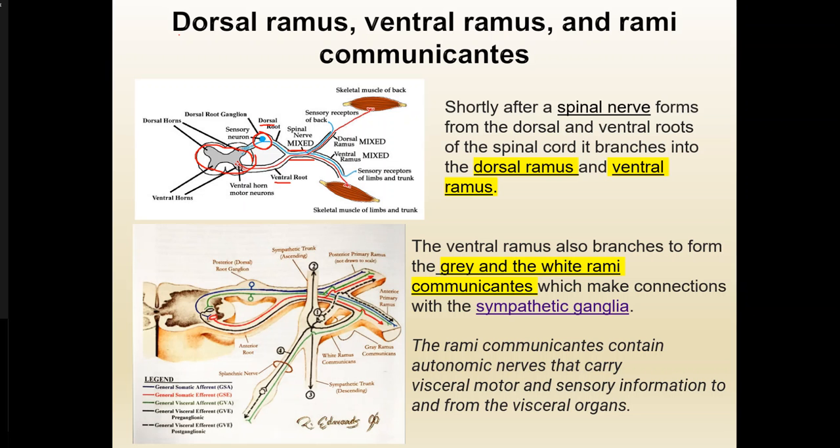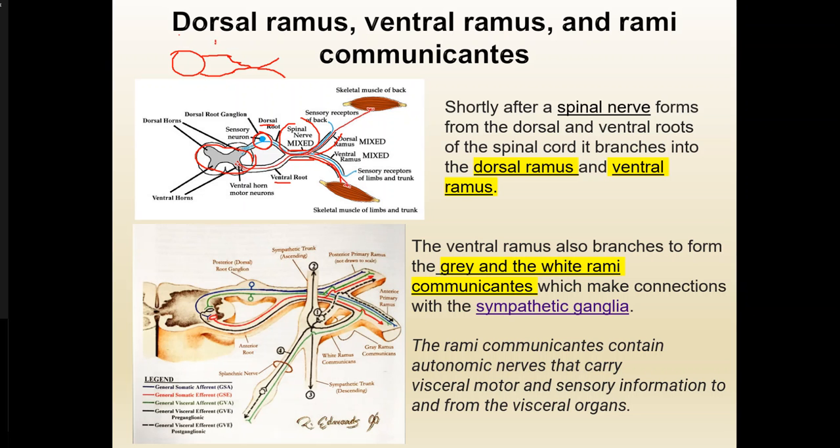But then this mixed spinal nerve, this single bundle, which will have only one epineurium, splits again into rami. Ramus or rami means branches. So if this is your central, these are the dorsal and ventral roots. They converge into one and then split again.